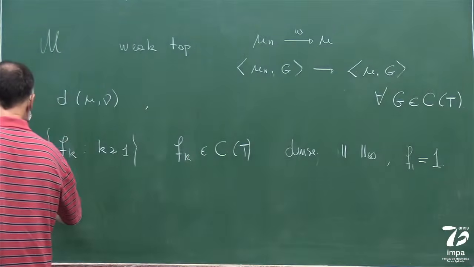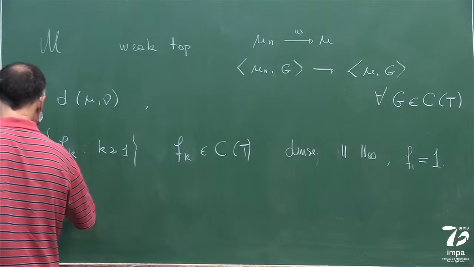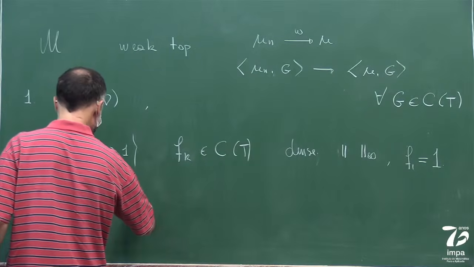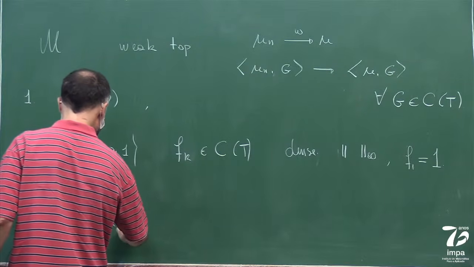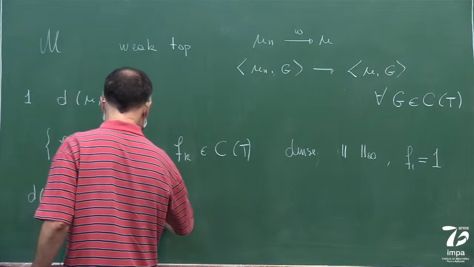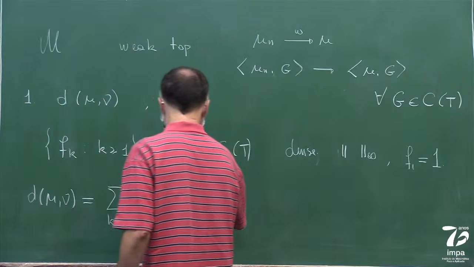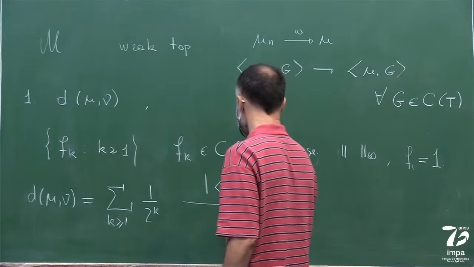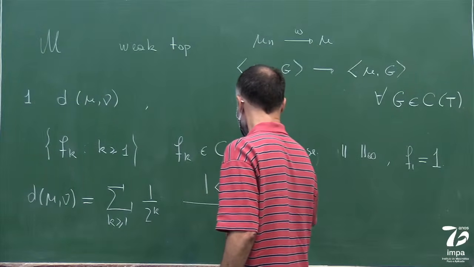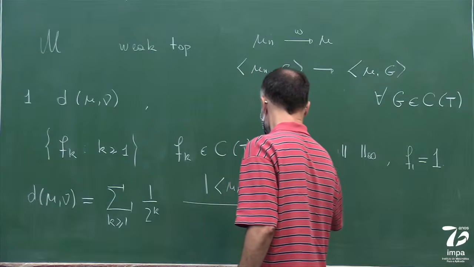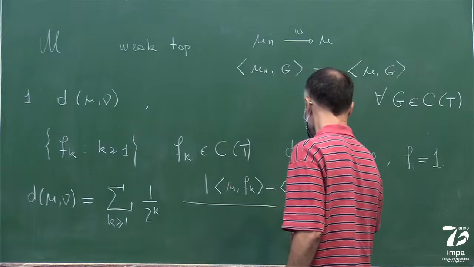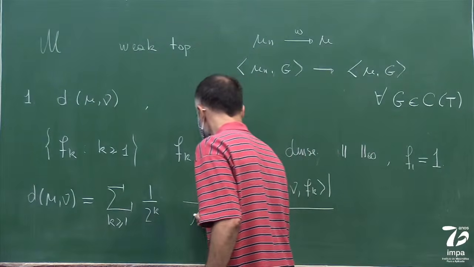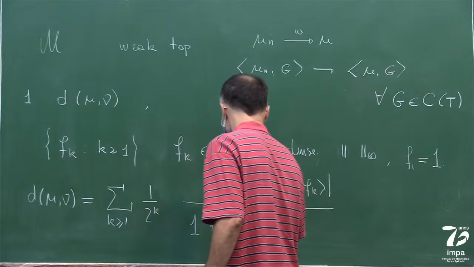And let me define the distance between mu and nu as a sum for k larger or equal than 1, 1 over 2^k, and then here I take the difference between the integral of mu and fk and nu and fk, divided by 1 plus the same thing.